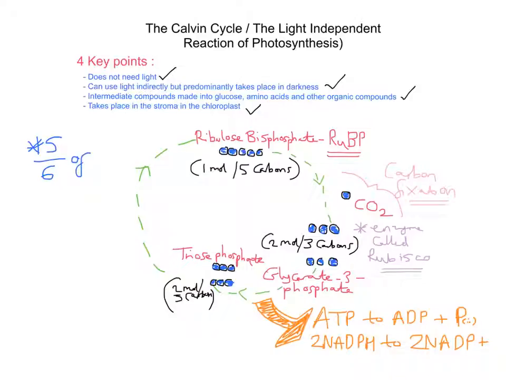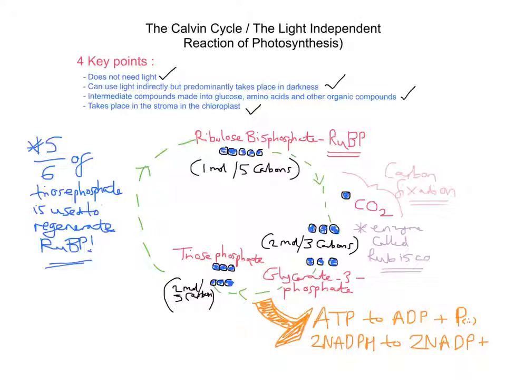1/6 of the triose phosphate is used to regenerate the RuBP.